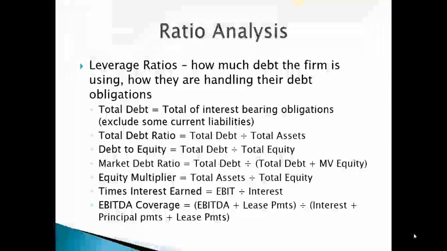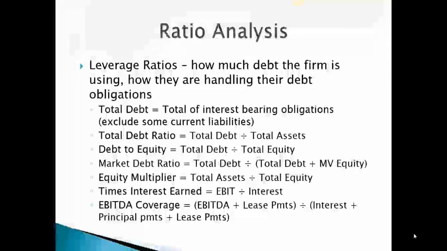So a slightly different denominator, but both of those ratios, the total debt ratio and the debt to equity ratio, are both going to be measures of how much debt the firm is using. The higher those numbers are, the more debt the firm is using. They're giving, again, the same picture, but from a different viewpoint. So debt to equity will be higher, but if debt is increasing over time, both of those ratios will be increasing over time and tell you that story.